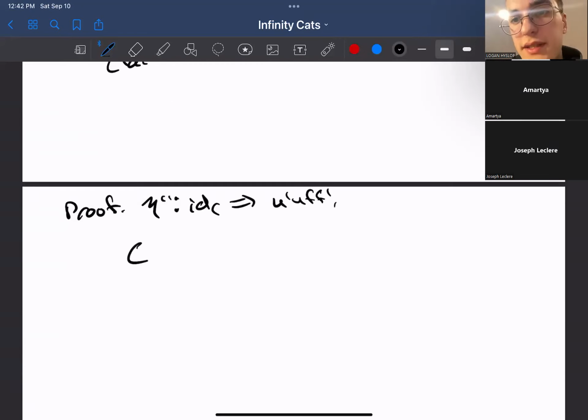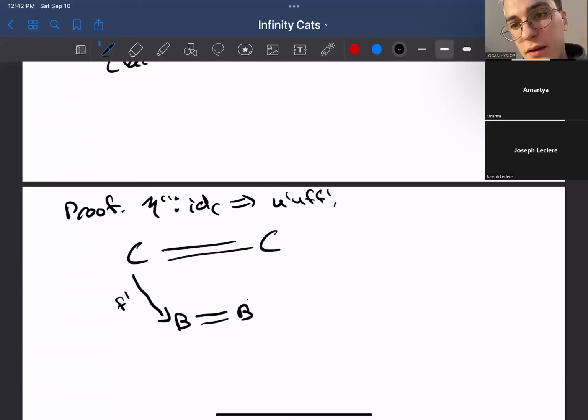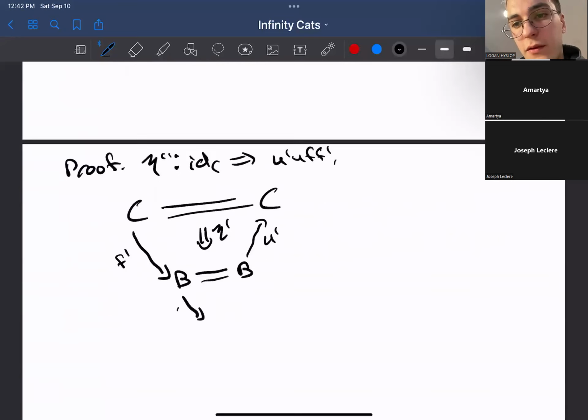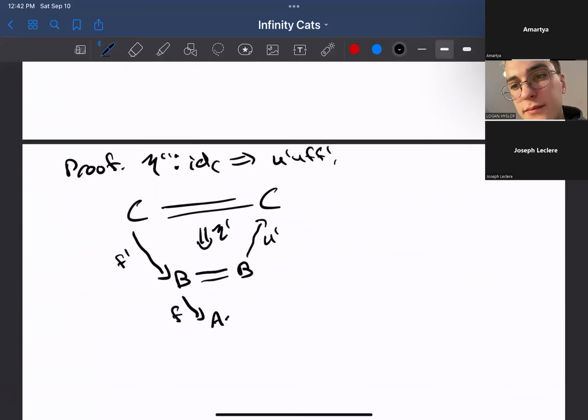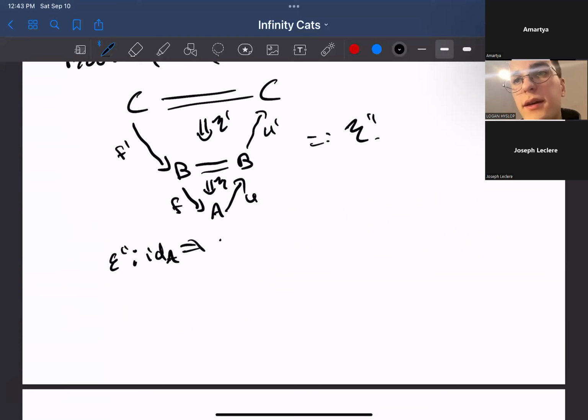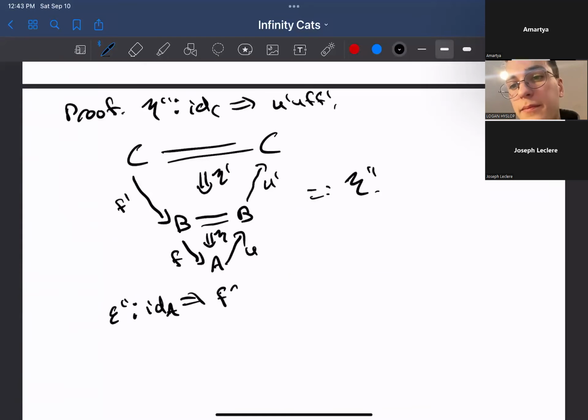We're going to have here B, and we have equals to B. Over here we can go back up by U prime, and we have a morphism here, which we called eta prime. And then we have over here to A, and back up by U, and we have what we called eta. So we're going to define this as eta prime prime. And we're also going to define epsilon prime prime from the identity on A to F F prime U, sorry, it should be the other way around.